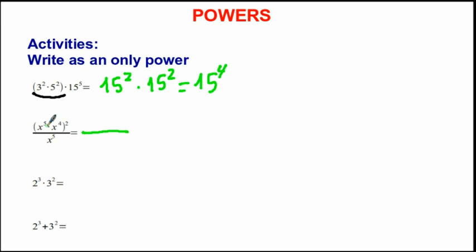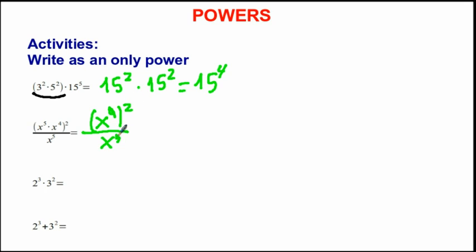In the numerator we have x to the power 5 and x to the power 4. So the base is the same, so we have to sum exponents. 5 plus 4 equals 9.